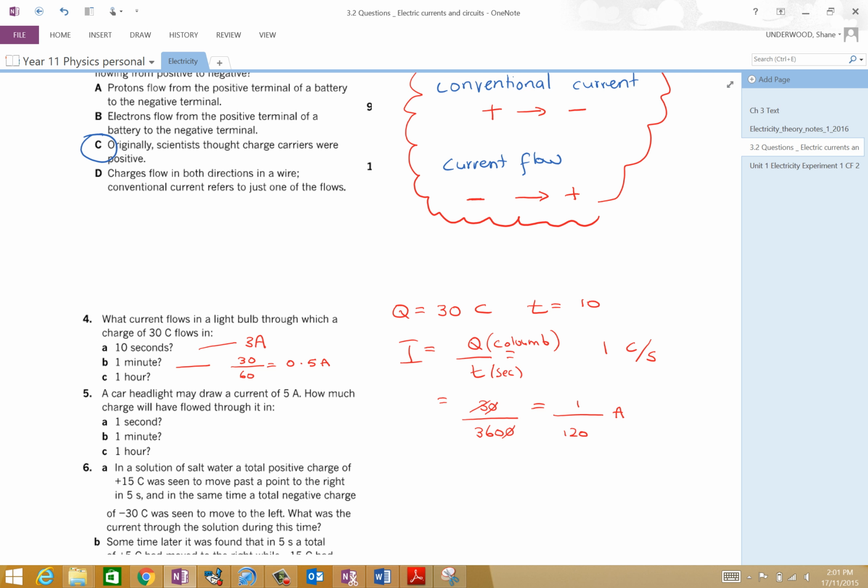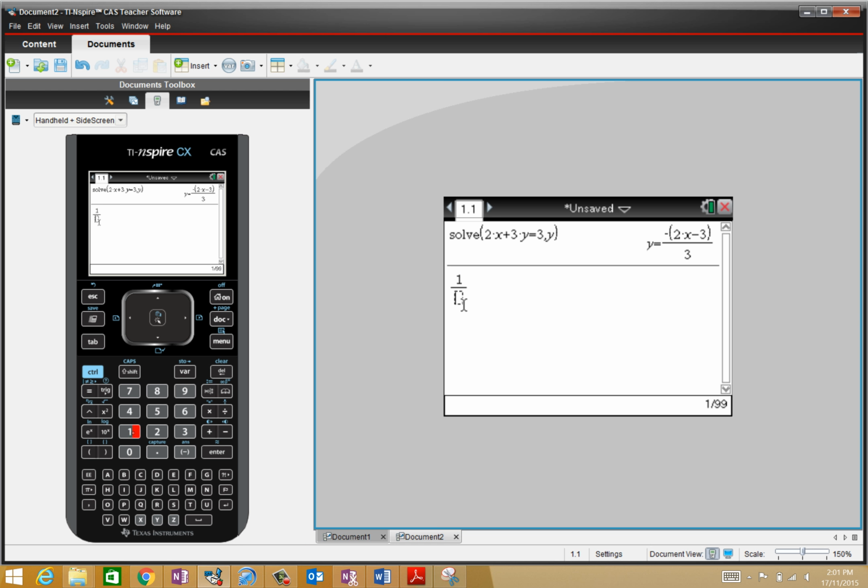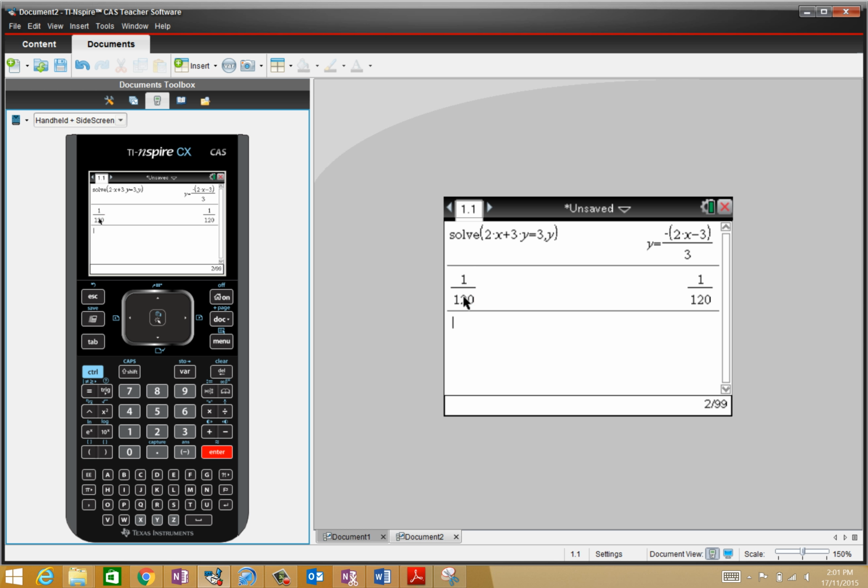Oh, now look, you could put that in your calculator though, but I've just simplified that as a fraction. What is that as a decimal? What is 1 over 120? Well, let's get our calculator out and we go 1 over 120 is equal to, now of course I get 0.00833 for example.